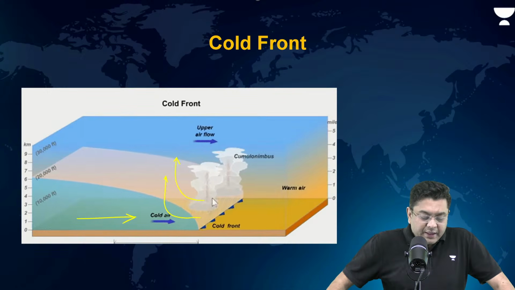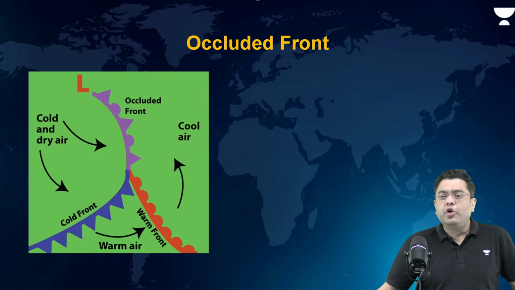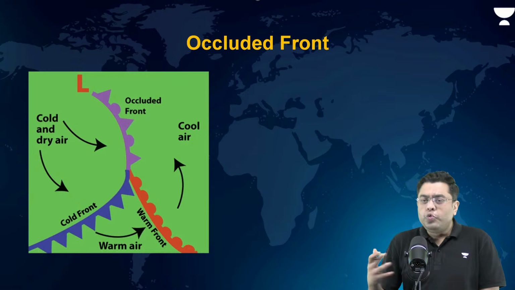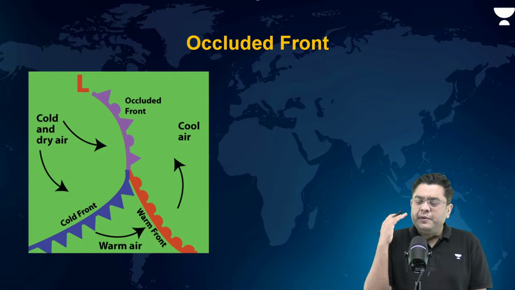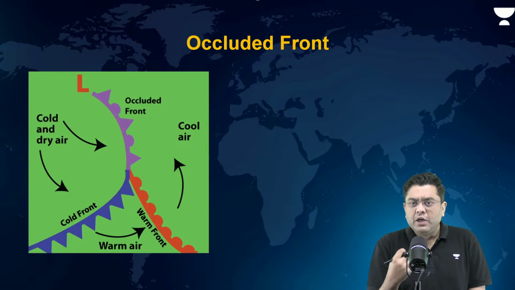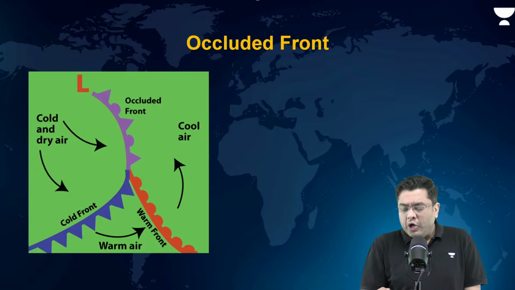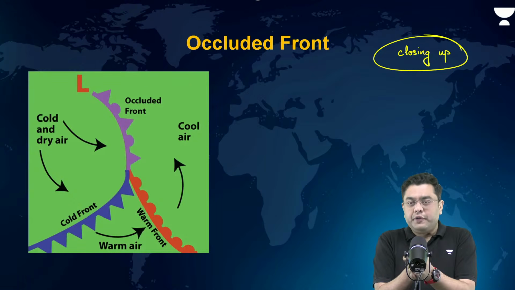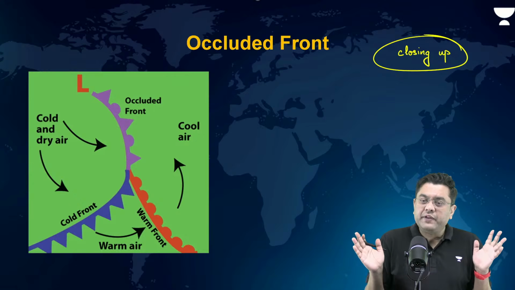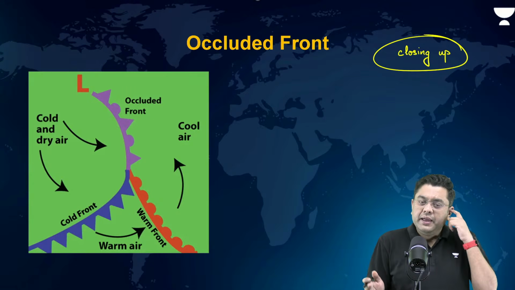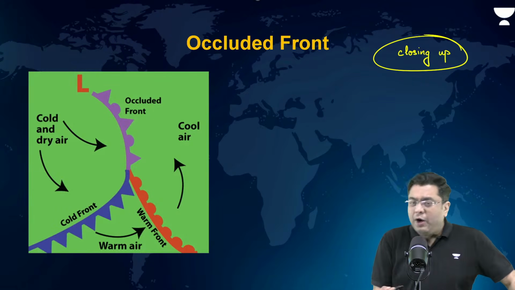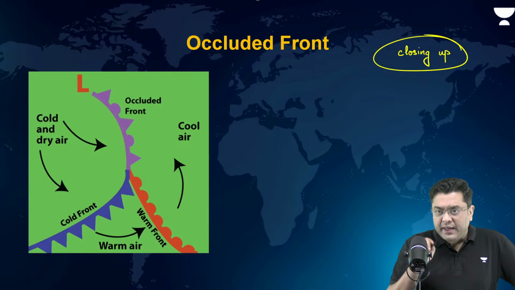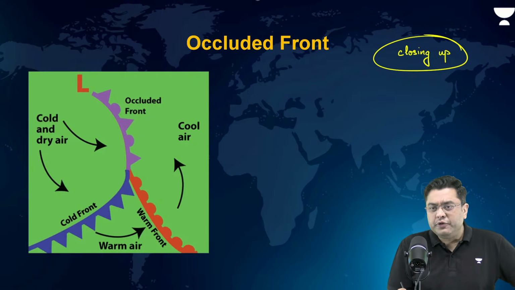Okay. Then you have something which is known as an occluded front. Occluded is derived from the term occlusion. What is occlusion? Occlusion is basically the act of closing up. Something which closes. That is what is referred to as occlusion. Okay. So initially, how does the frontal development happen? I want your patience and attention here for 2 minutes.